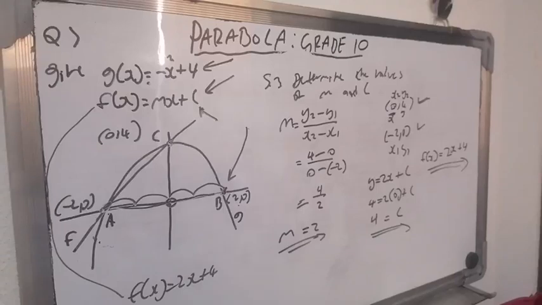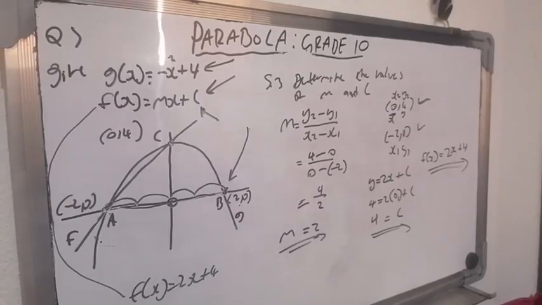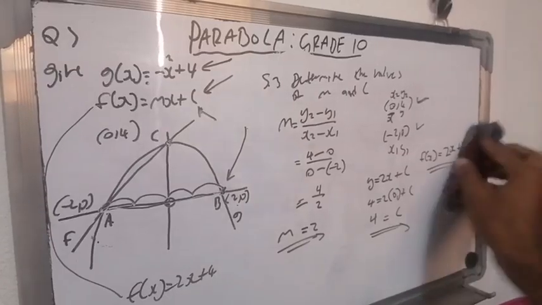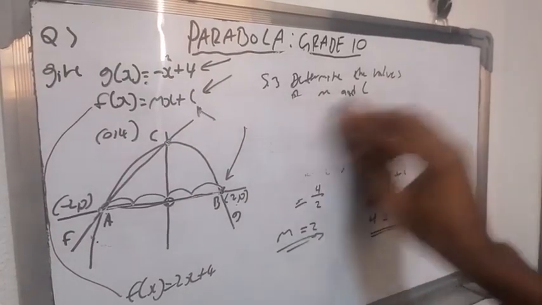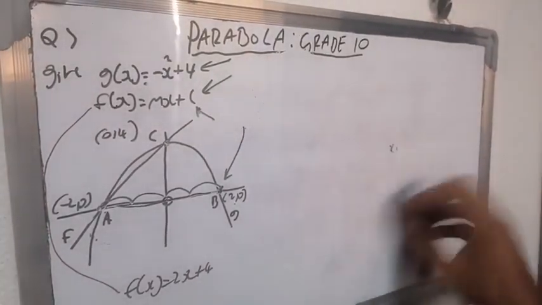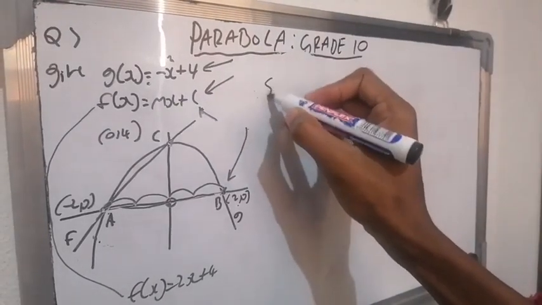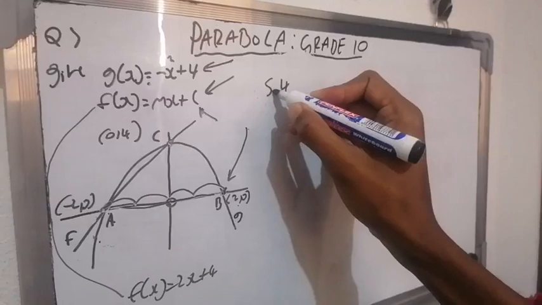So another question says, how should g be transformed so that the new graph will have a y-intercept of -2 and still have a maximum turning point? Okay, I'm going to write that question here so that you understand very clearly. 5.4, you know, these are some of the questions you need to read to understand.